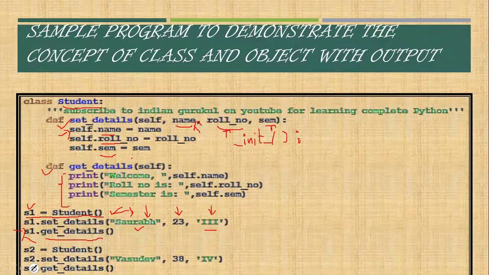One very important point is that there is a variable over here which is the self. You can see that in each of the methods inside the student class, there is a self variable, and this self is written as the very first variable.